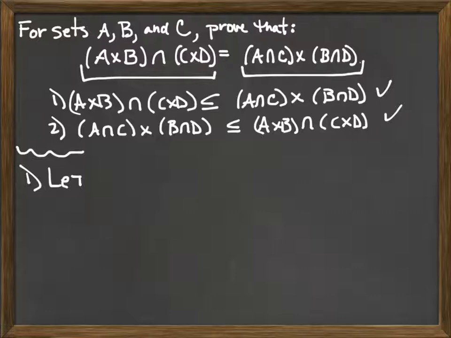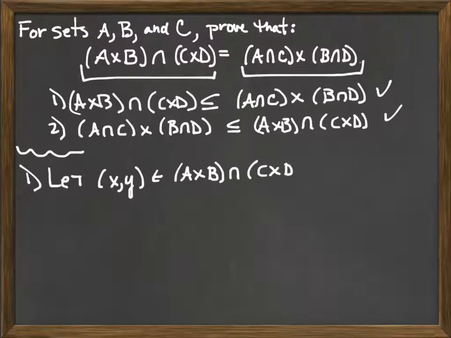Because we're looking at the Cartesian product. So we're going to let xy be an element of A cross B intersect C cross D. And our goal is to show that that ordered pair xy is in this right side.